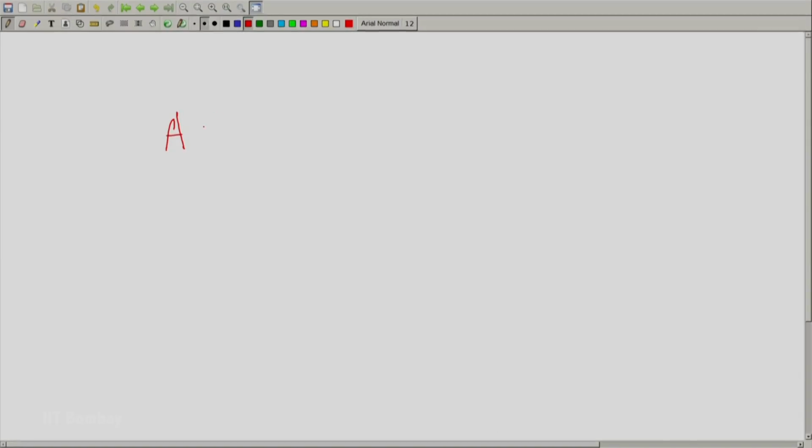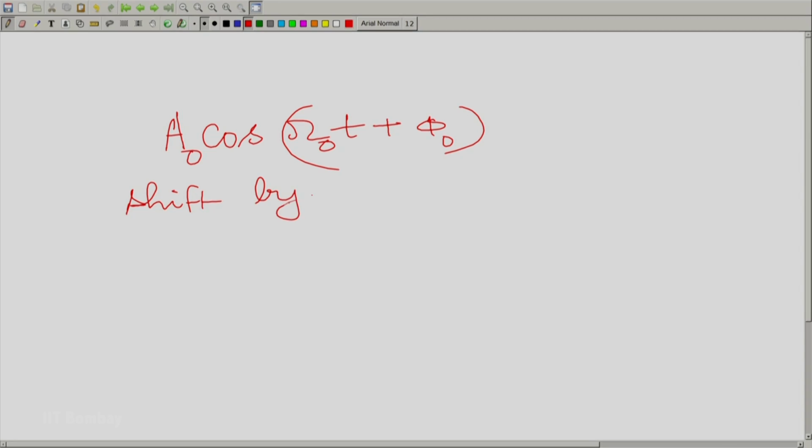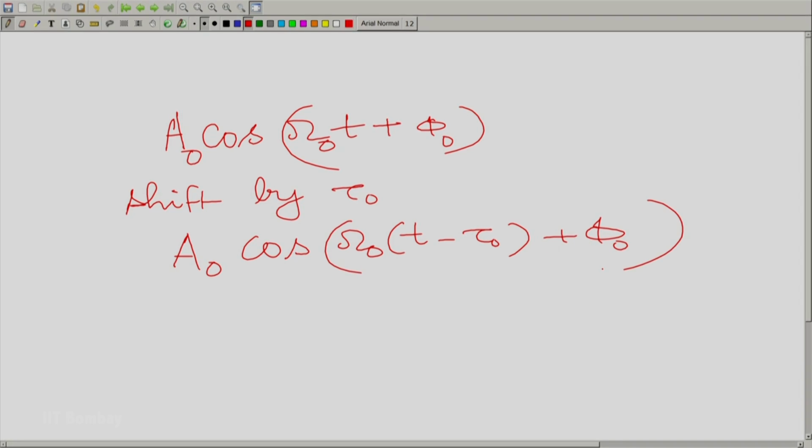So, let us consider A naught cos omega naught t plus phi naught, and let us shift this by tau naught. So, it becomes A naught cos omega naught times t minus tau naught plus phi naught.